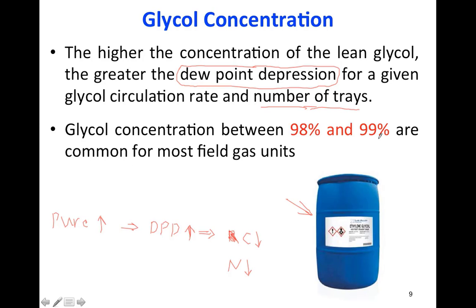The concentration between 98 to 99 percent is the common concentration of glycol used in those kinds of dehydration units.